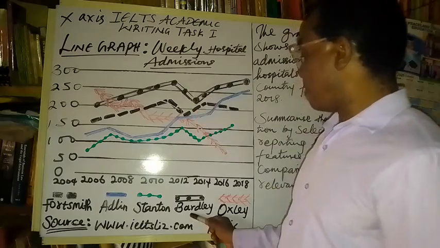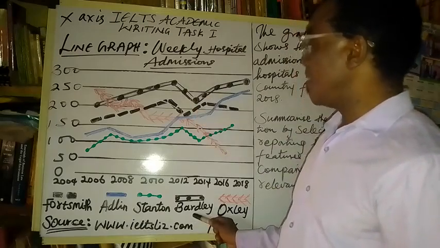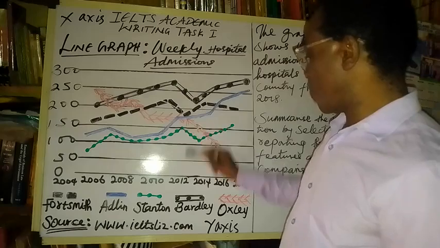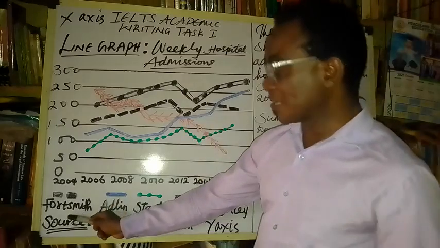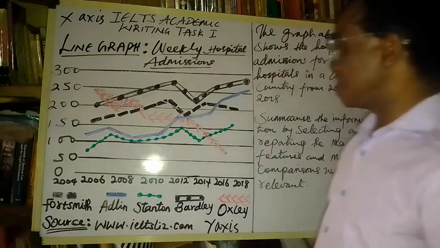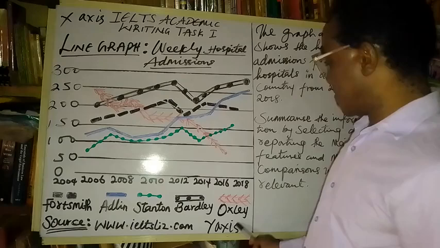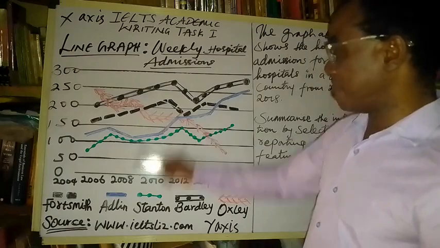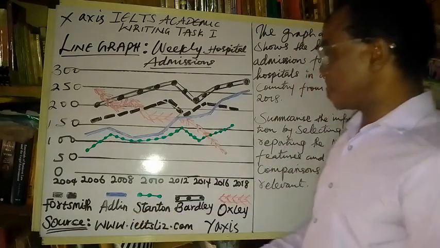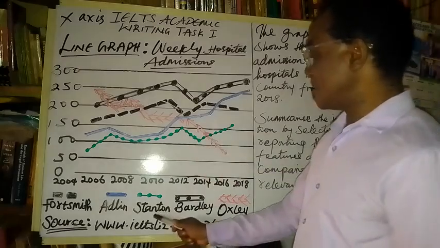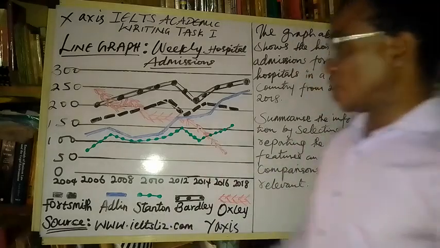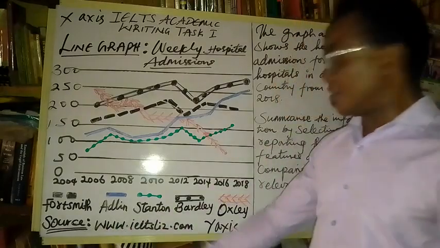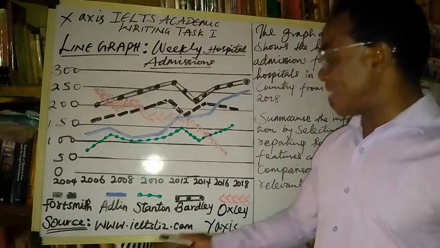So, this is Badley Hospital, and coming after it, coming down from above, we have Forcemeat Hospital, and the red curve represents Oxley Hospital, while the blue curve is Adlin Hospital, and the green curve is Stanton Hospital. As we can see, the graph wasn't designed by me. The source of the graph is www.islease.com.